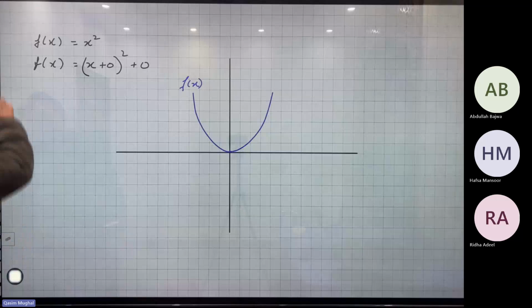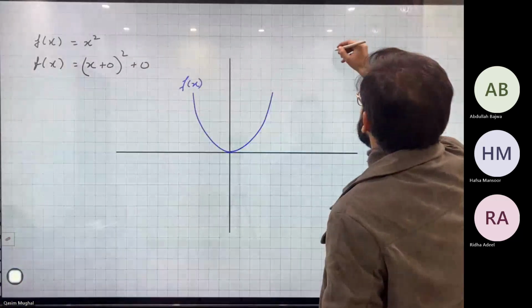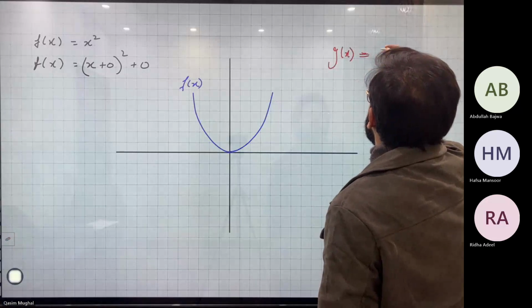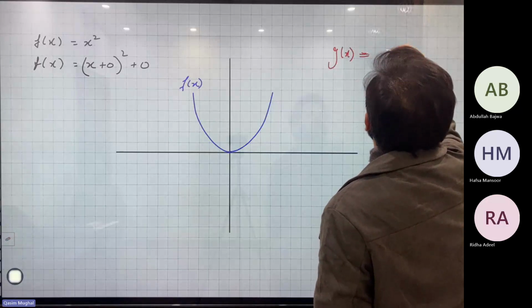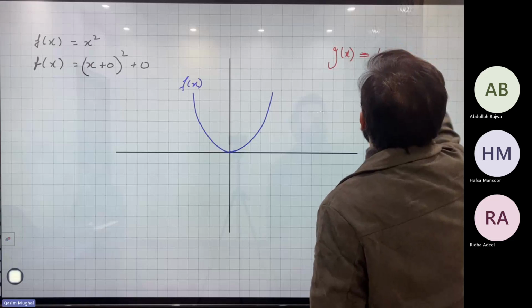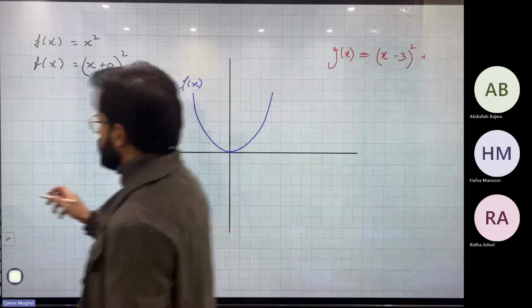Okay. I'm going to give you another function, g of x. Can you draw the graph of x minus 3 whole square? Just minus 3 whole square.